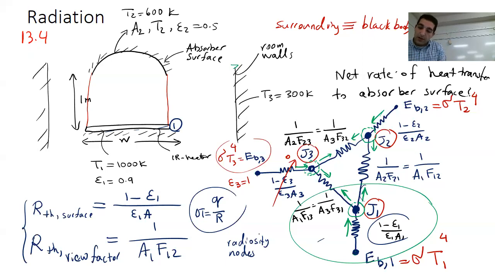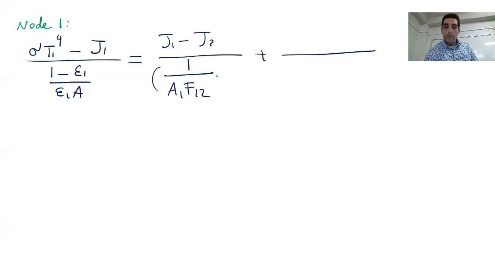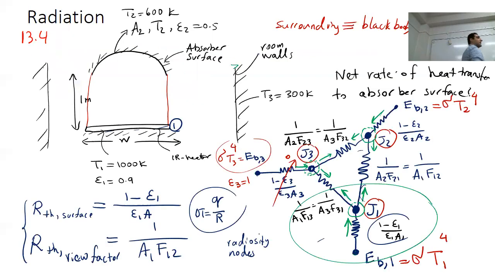Now for this portion, since we're showing it's going in this direction, I say J1 minus J2 divided by the resistance in between. So I have J1 minus J2. What is the resistance in between? It is 1 over A1 F12. And you help me with the other one.